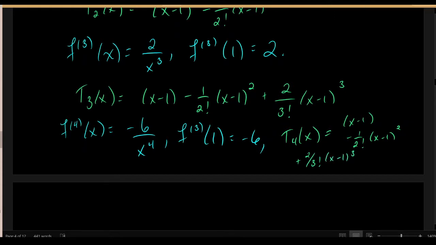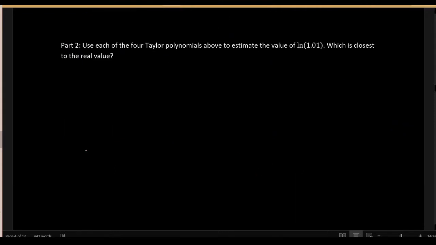Finally, we have the value of the fourth derivative, negative 6, divided by 4 factorial times x minus 1 to the fourth power.